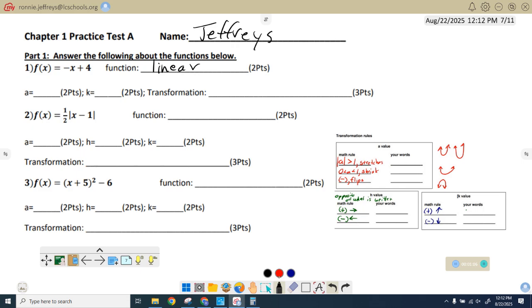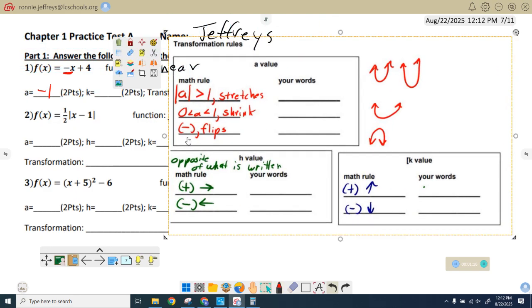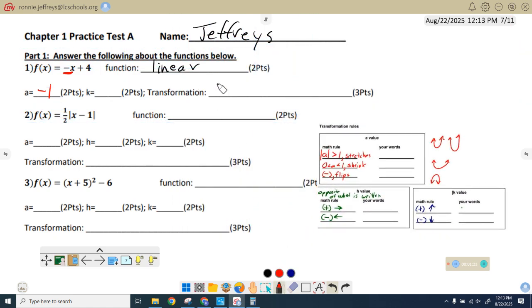All right. My A value for that is right here, which is -1. Now, when A is negative, it flips. So for our transformation, you would say flipped.